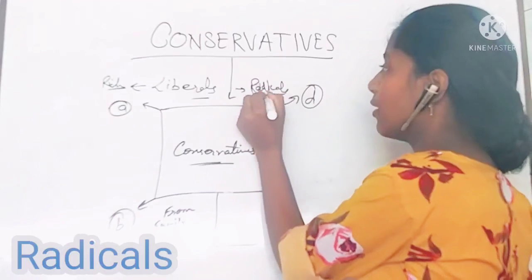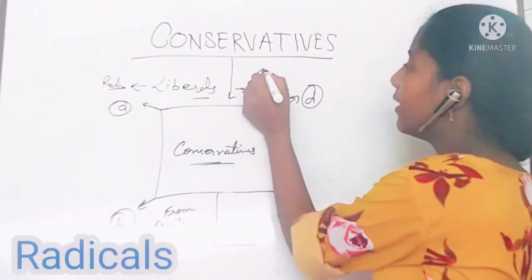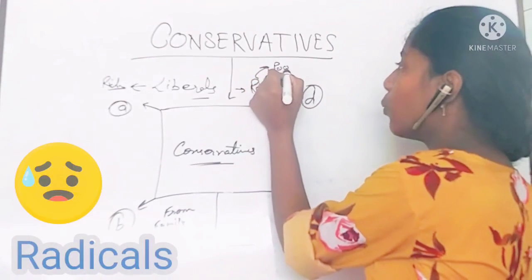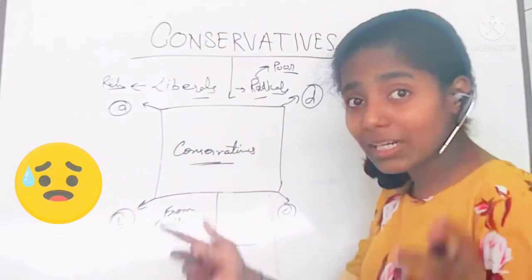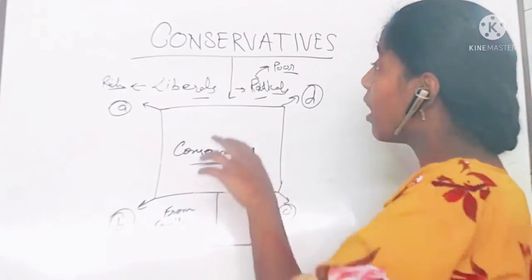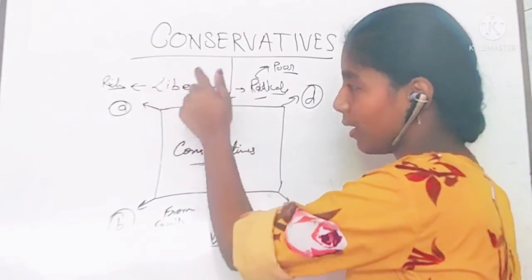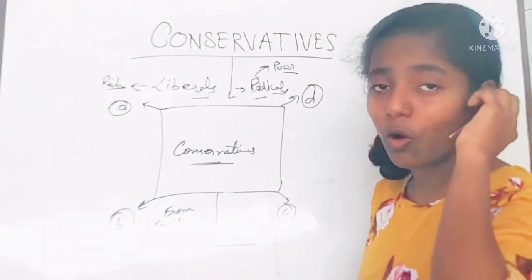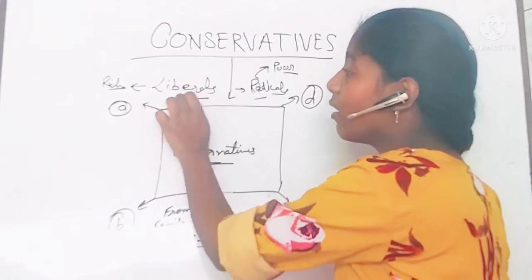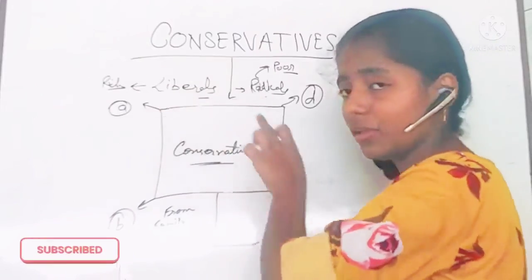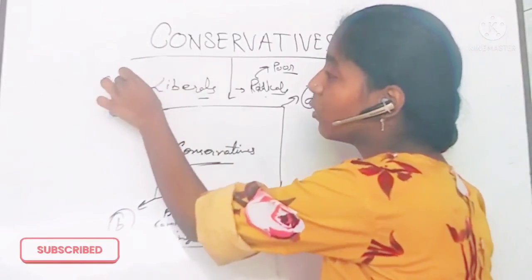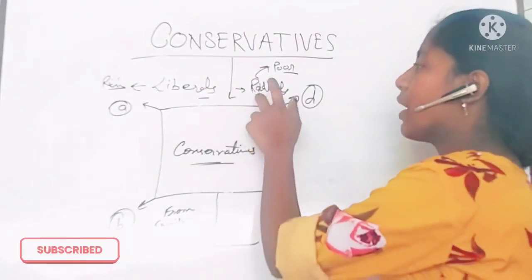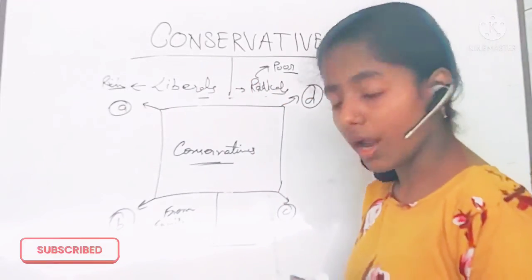radicals as they are poor, with this perspective in your mind to correlate with the topic of rebels. If you compare these two, rebels belong to the rich and radicals belong to the poor.